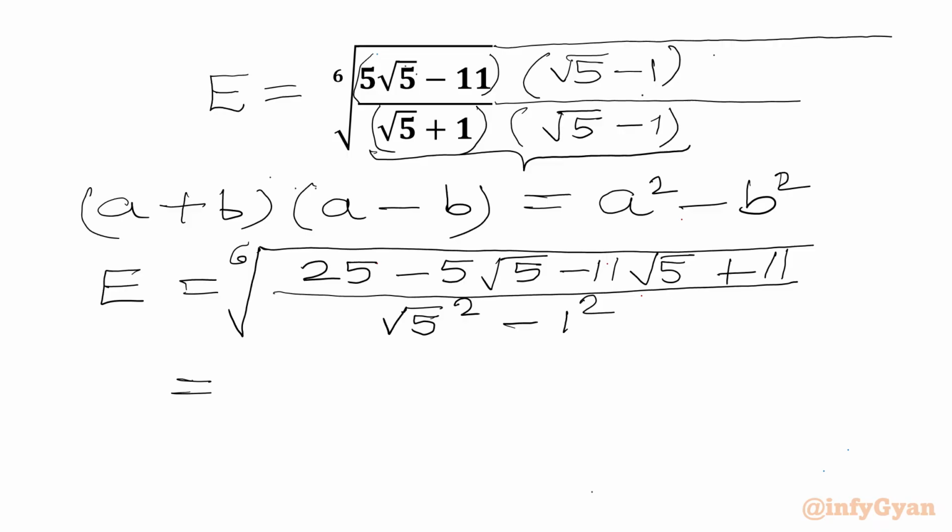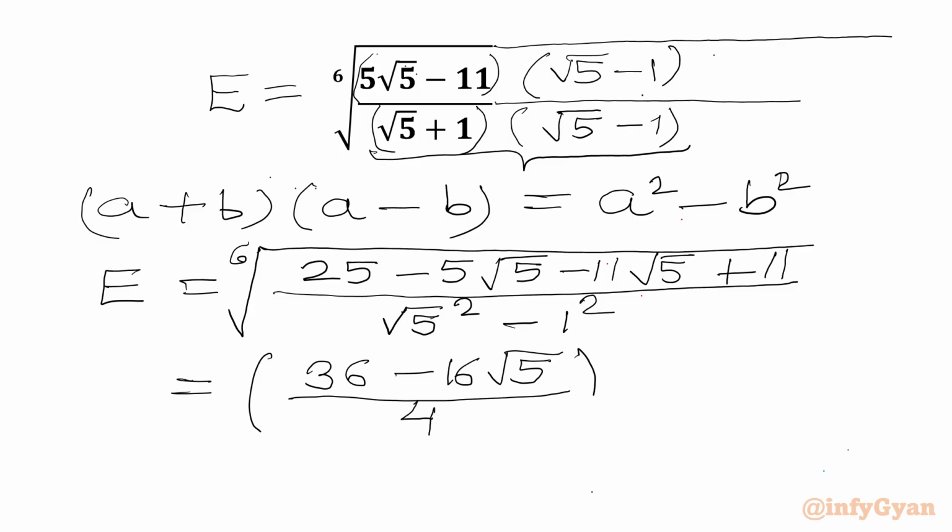This will be equal to 25 plus 11 is 36. Minus 5 root 5 minus 11 root 5 will give us minus 16 root 5, over 5 minus 1, which is 4, and the power I will write 1 over 6.